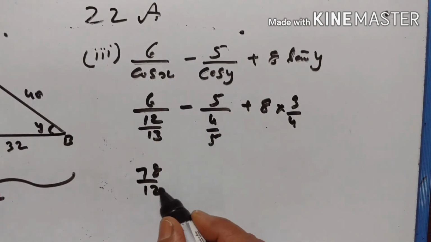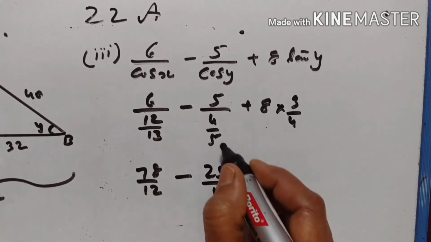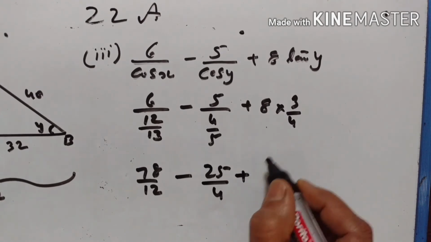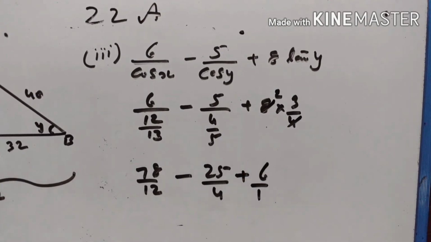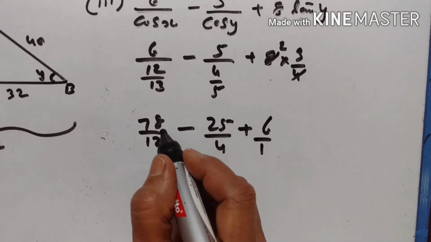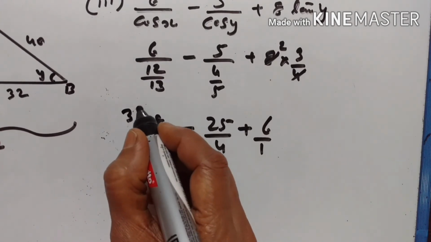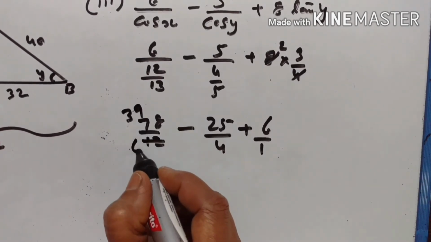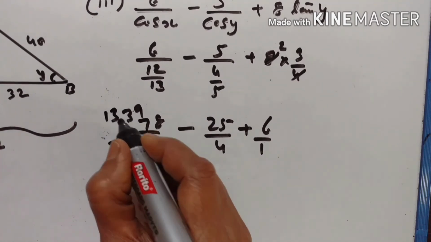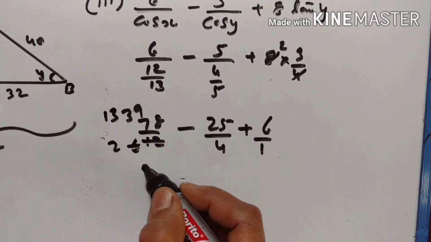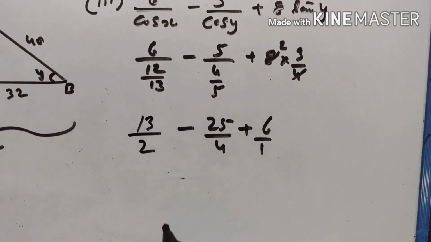So 78 upon 12 minus 5, 5 upon 4 goes to the numerator, which is 25 upon 4. Let us reduce this. 78 upon 12 reduces to 13 upon 2.